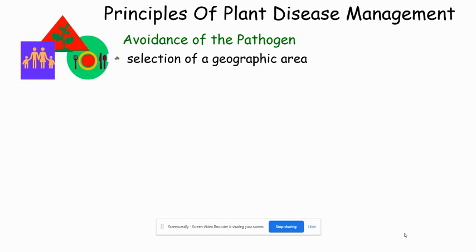Selection of appropriate or proper geographic area is important so that the plant which we are going to grow will remain safe and pathogens do not attack. How we can do this? We can select a geographic area which is free from that diseases in previous times.